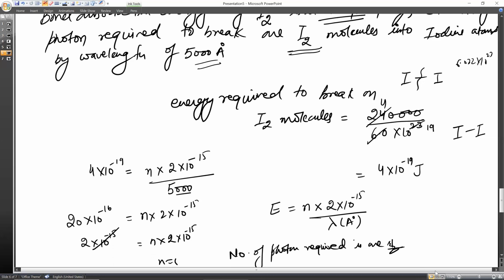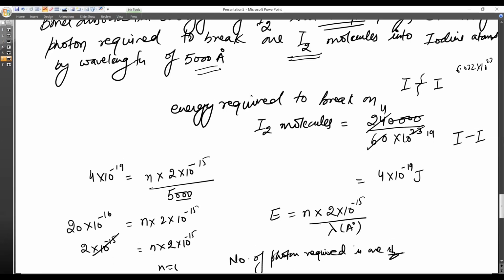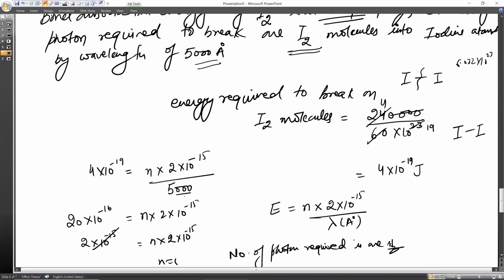You understood this one? So we write E is equal to n into 2 into 10 raised to minus 15 by 5000. Why didn't we multiply 10 raised to minus 10? Because it is the formula. When the wavelength is in angstrom, then we have to use this formula.